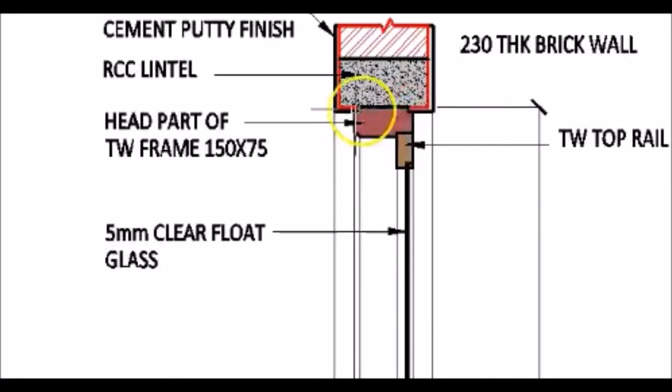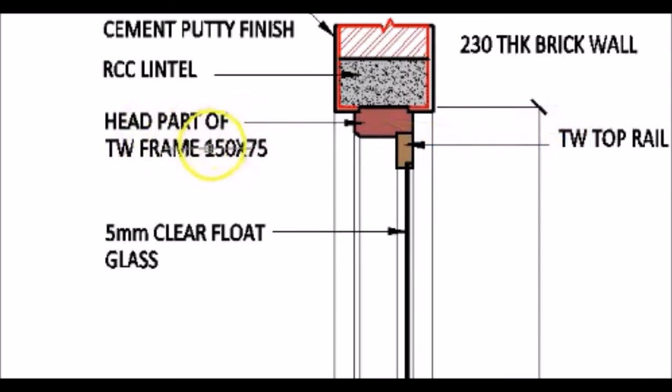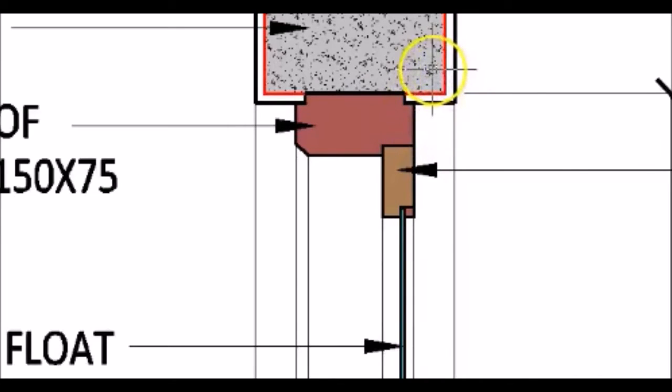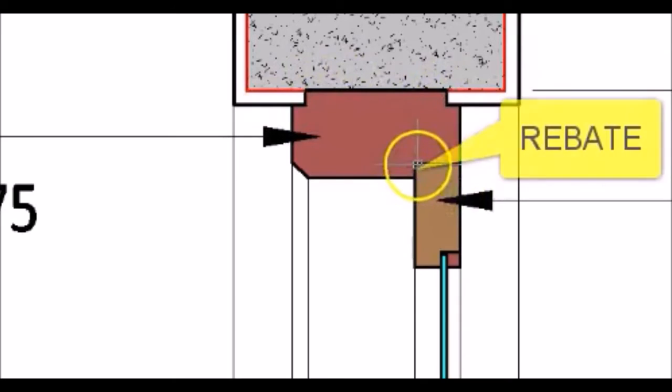The upper part of the frame, which we can see here, is similar to the vertical part in profile. Only this is horizontal and therefore this is called the head. So this is called the head part of the teakwood frame. Again, the size is the same, 150 by 75. The profile is the same as that of the post in the sense that we have these two plaster notches and the rebate here.